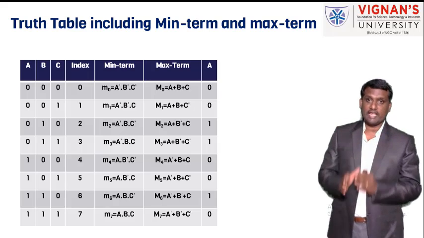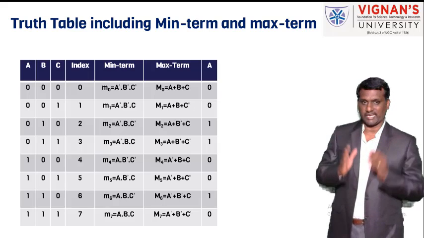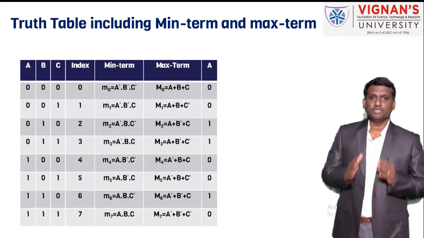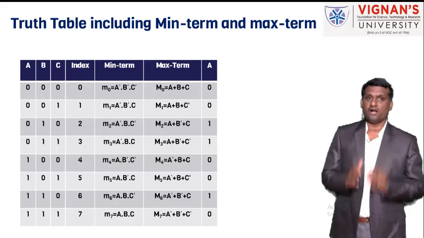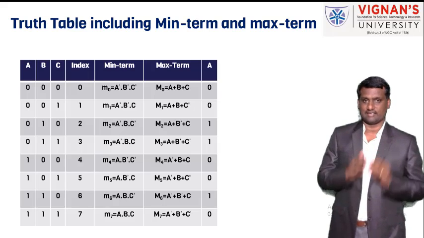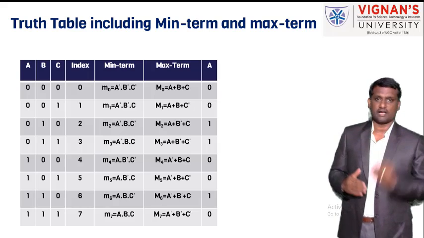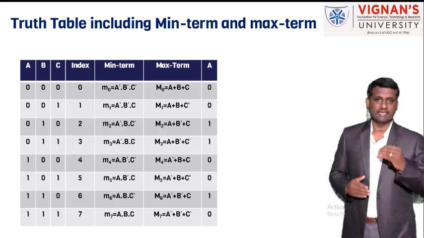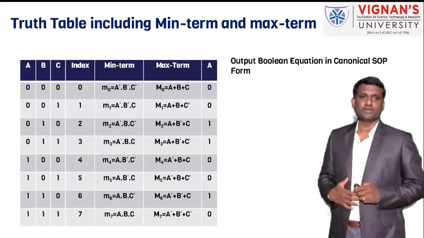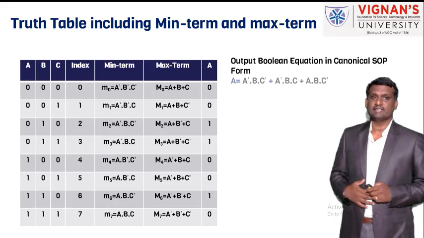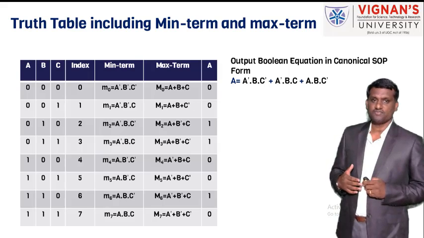But if the truth table with output is given, under such a case, an output combination of 0, we should call that term a max term. If the output combination is 1, we should call the term a min term. So from this truth table, if I want to represent the SOP form, that is sum of product form, I should consider outputs of high.